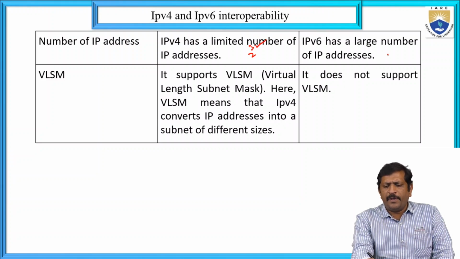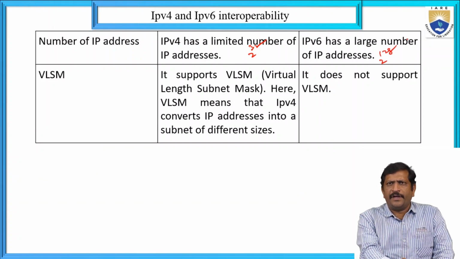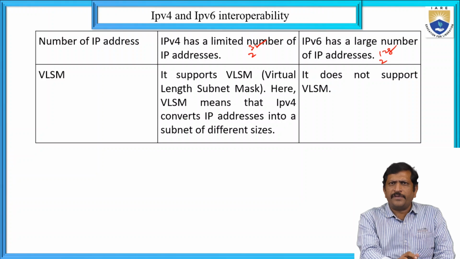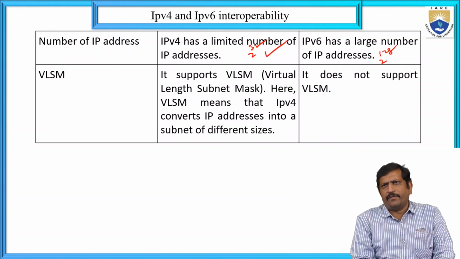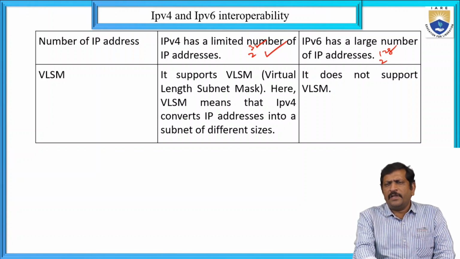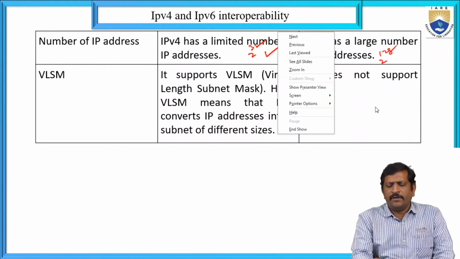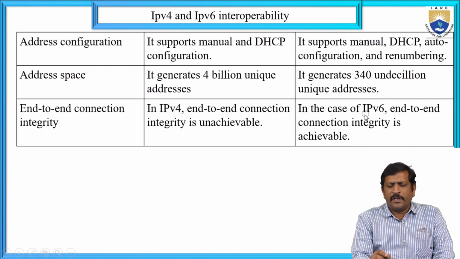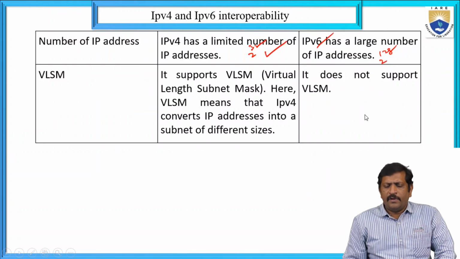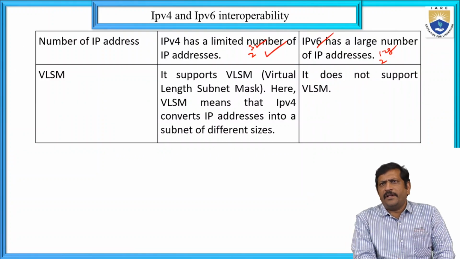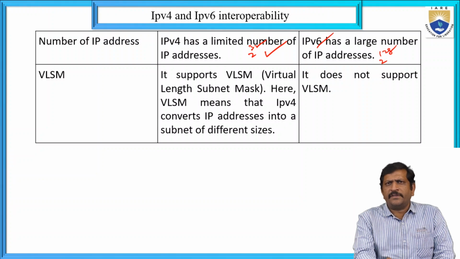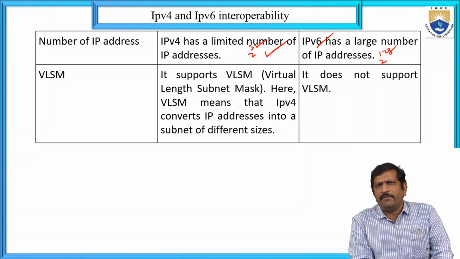Large number of IP addresses means 2 to the power of 128, so the address space is more efficient and sufficient. Space and complexity: very complicated in IPv4. Why? Because the number of IP addresses is larger in IPv6 compared with IPv4.